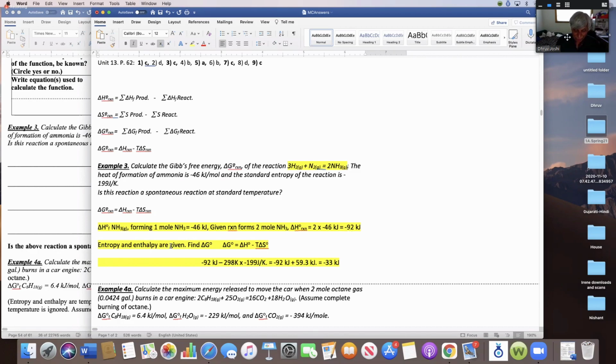Entropy and enthalpy are given. Find delta G. So I'm going to use this equation as I wrote it down here. Delta G equals delta H minus T delta S. Delta H, we just calculated it to be negative 92, so we write it down here, negative 92.